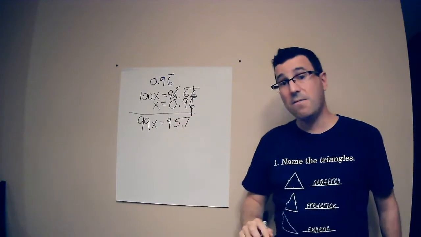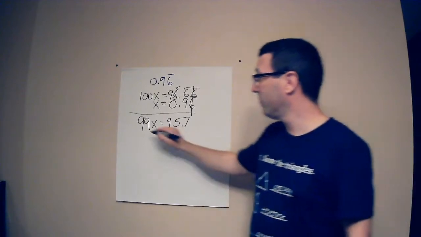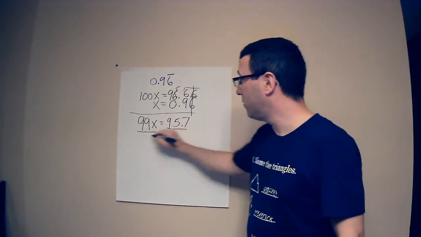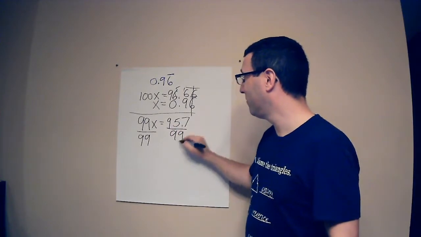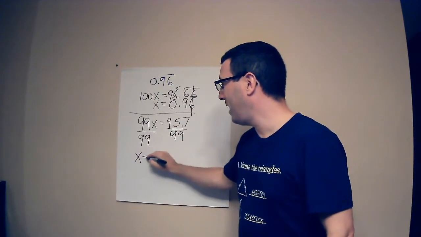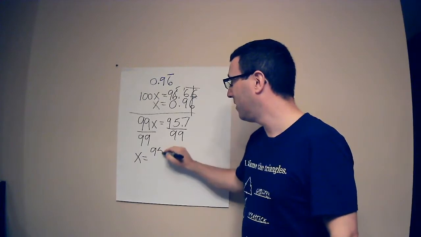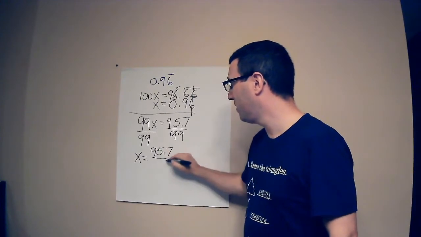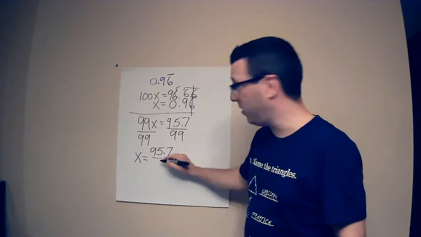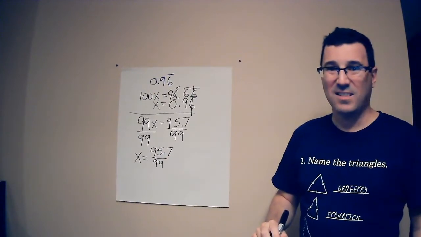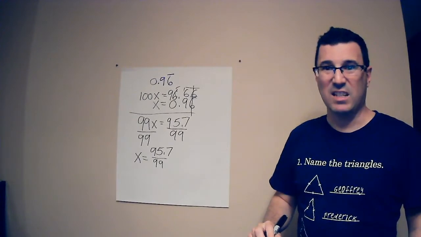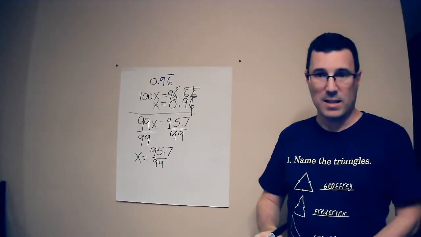And I get 95.7. So when I divide by 99, my x, my fraction has a decimal. I don't like that. I don't want that. I need to get rid of that decimal.